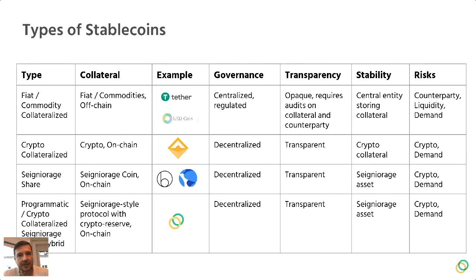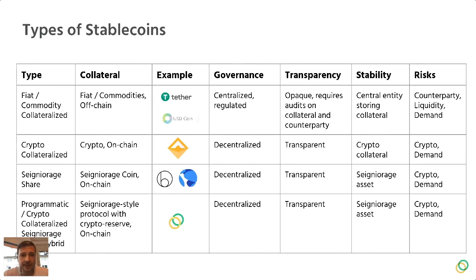There's a central entity that stores collateral, and therefore the major risk factor you would have to think about here would be the risk of the collateral being actually in place, the risk of the collateral itself, and of course the risk of that counterparty that is storing this collateral. Therefore you would have to make some assumptions about, for example, the liquidity and the counterparty risk in general of that counterparty.